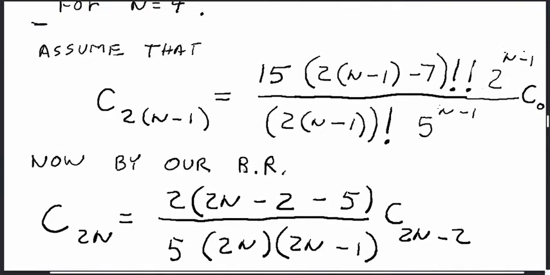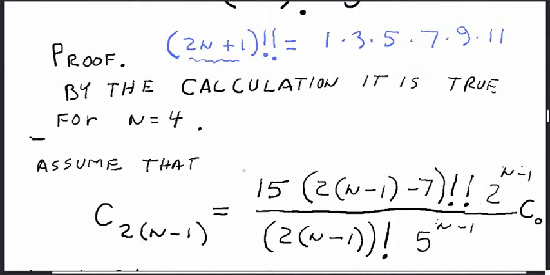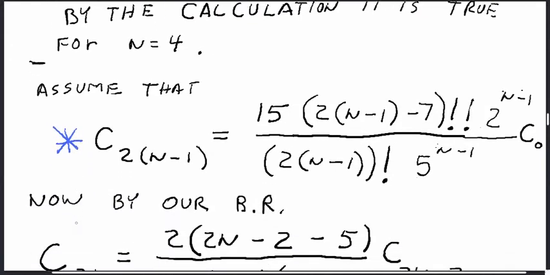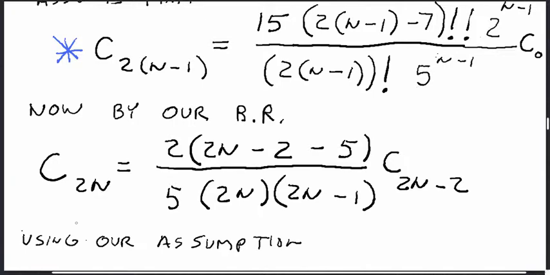The way you prove something by induction is that you assume it's true in the n minus first case, and that's what I'm doing here. And now we are going to try to prove that it's true for the nth case, and that is we need to confirm our formula for c sub 2n. Now, we have by our recursive relationship that this equation holds.